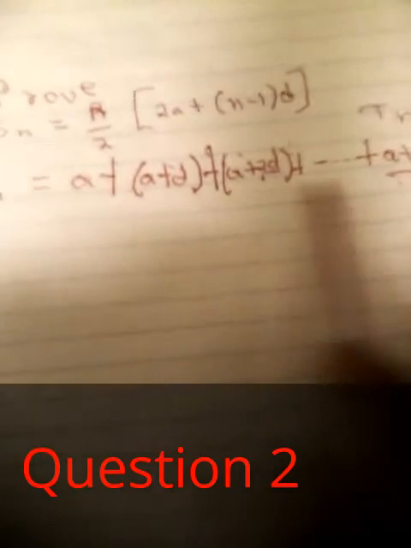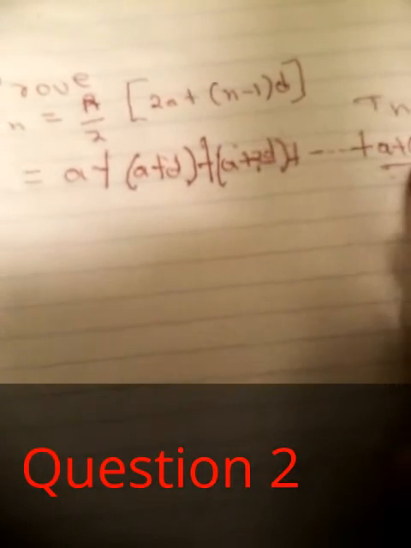So when you add all this, the sum of this arithmetic sequence, you get this formula. But we have to show how we get that formula. So Sn is equal to, you start with the last term and come back up until the first term.